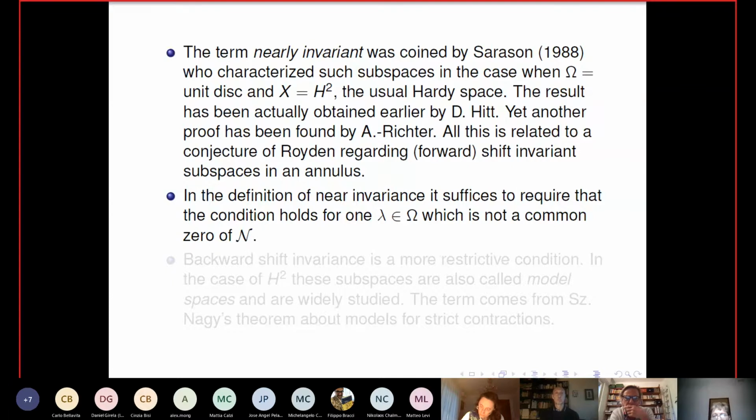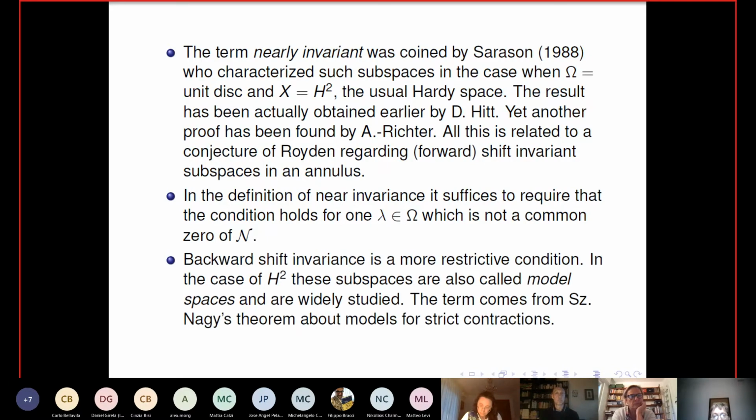I mentioned that it's a good exercise for a student. If you say that the near invariance condition is sufficient to hold in one point, then you show that the set of these points is closed and open in the domain.